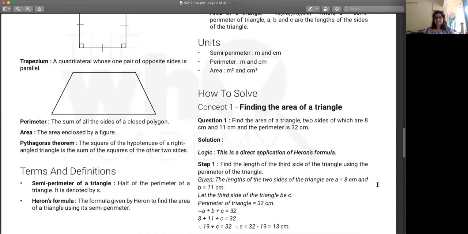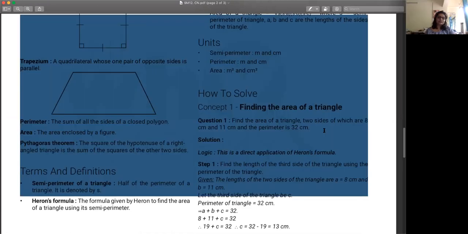Quickly solve this. Tell me what the area is. Find the area of a triangle, two sides of which are 8 centimeter and 11 centimeter, and the perimeter is 32 centimeters.